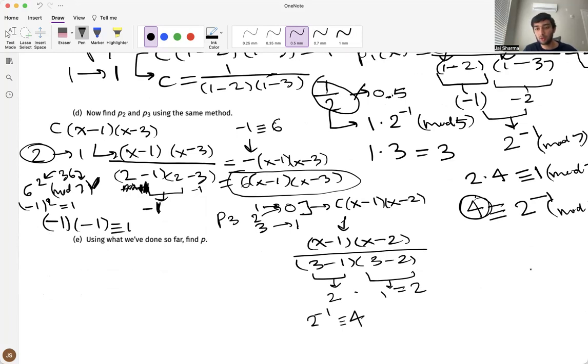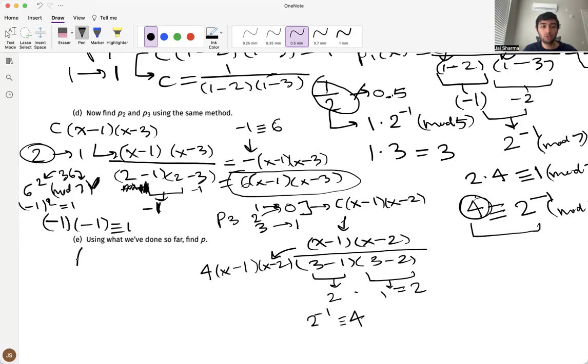It's 4. Actually, we already found that out here, right? 4 is the number that you multiply 2 by in order to get 1. So we multiply this by 4. And then, yeah, this is 4 times x minus 1 times x minus 2.